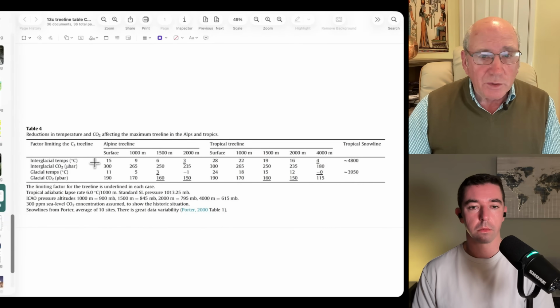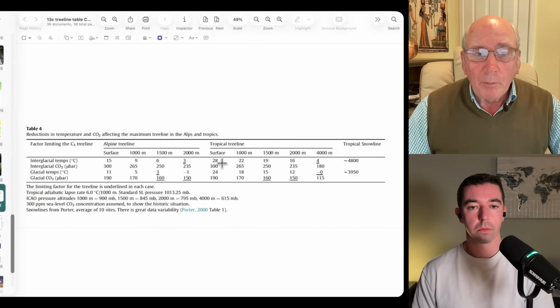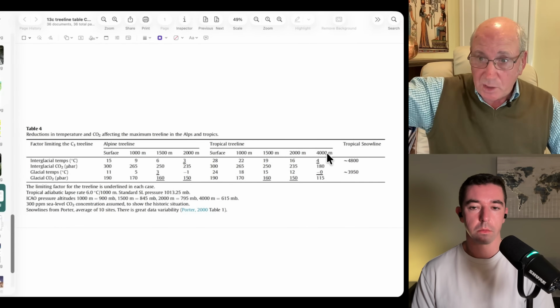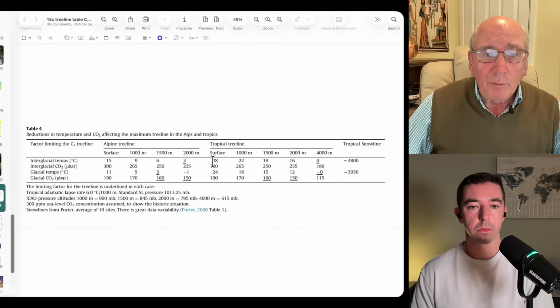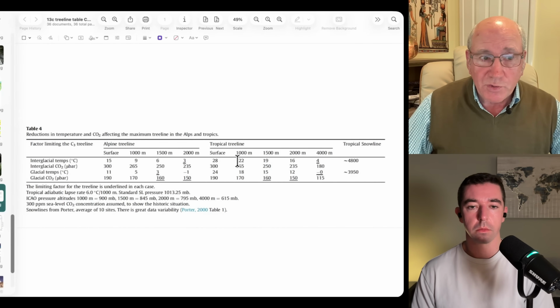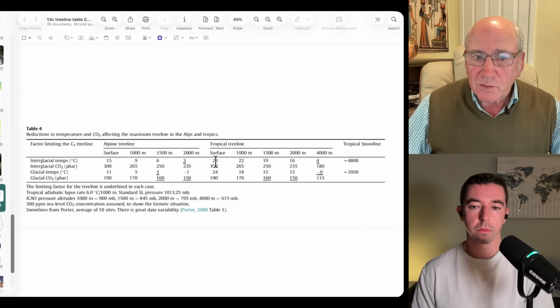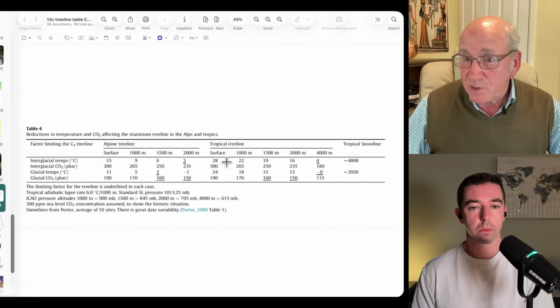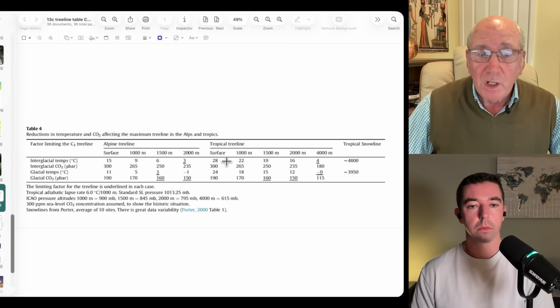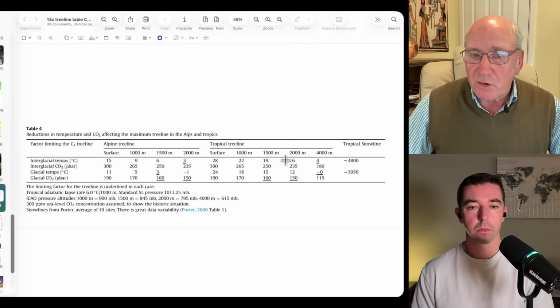Interglacial temperatures I've got on the top. So here, this is surface, 1,000 meters, 1,500 meters, 2,000 meters, 4,000 meters going up the mountainside. These are the standard temperatures you'll get in the tropics: 28 degrees surface temperature, roughly, average, and that's the temperature decreasing as you go up the mountainside.